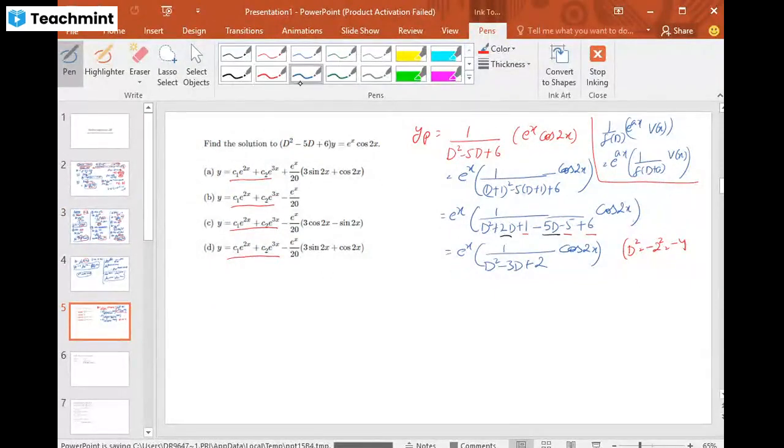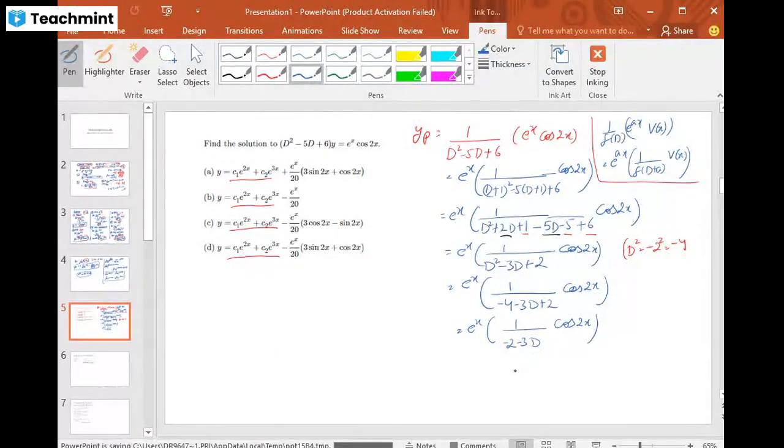So if we replace it here, then we get e power x, 1 upon minus 4 minus 3D plus 2, times cos 2x. So basically it is e power x, 1 upon minus 2 minus 3D, times cos 2x.